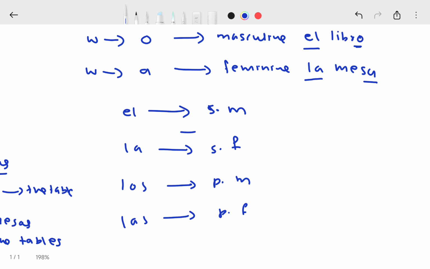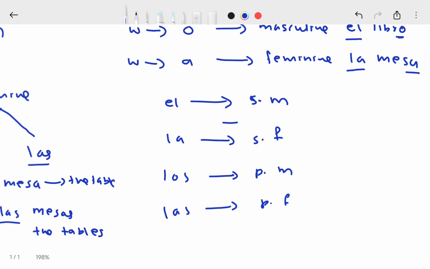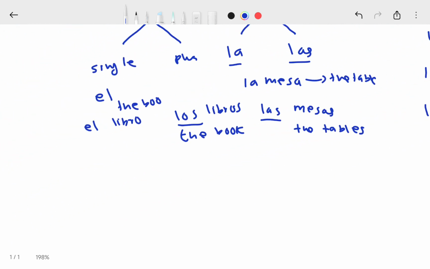So this is all about the article in the Spanish language. Now let us go through some examples and understand in depth all the things regarding that. We can go through some examples and revise again.